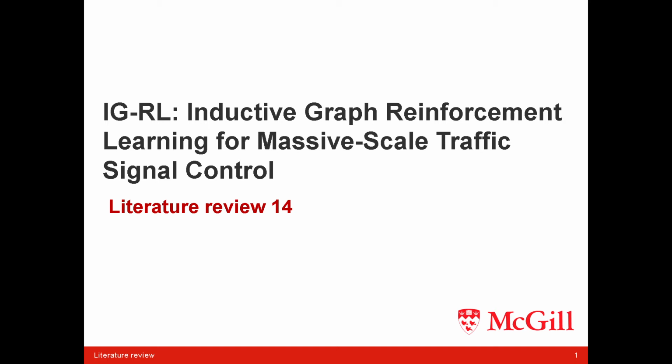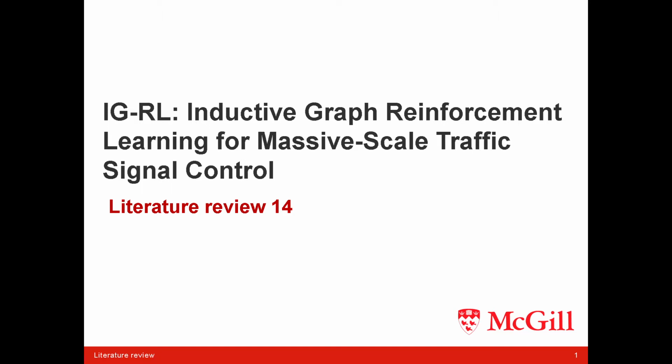Okay, hello everyone. Another week, and today I found a very interesting paper called Inductive Graph Reinforcement Learning for Massive Scale Traffic Signal Control. It is a very interesting paper in reinforcement learning. Maybe it is the state-of-the-art reinforcement learning for the traffic control problem.